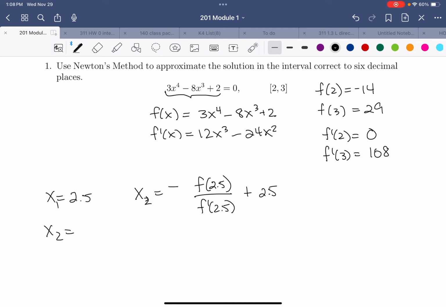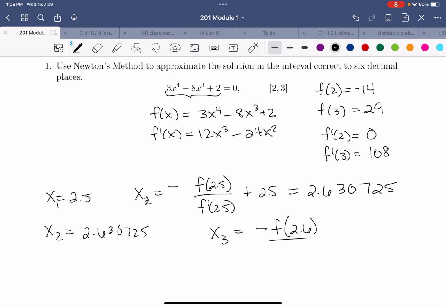If you do that, then you get 2.630725. Now we want 6 decimal places, so x2 is 2.630725. To get our next one, I'm going to round just for these purposes, but we're going to use the exact value when we put it into the calculator.